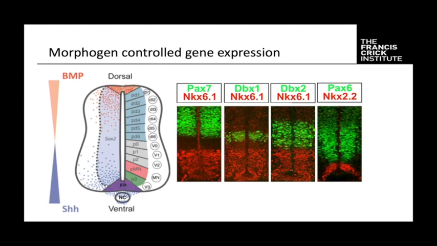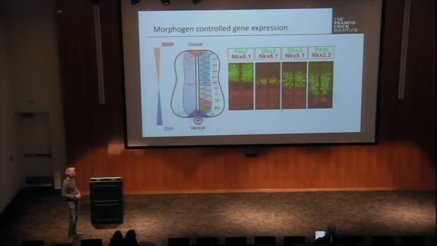Experiments I'm not going to get into show that manipulating the gene expression code, by misexpressing, removing, or adding genes, has predictable consequences on the neuronal subtype generated. So the problem of pattern formation in the spinal cord becomes one of understanding how this pattern of gene expression within progenitors arises. This pattern is directed by secreted signals emanating from the dorsal and ventral poles.